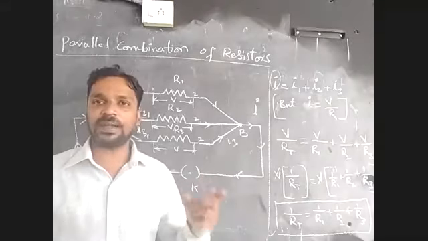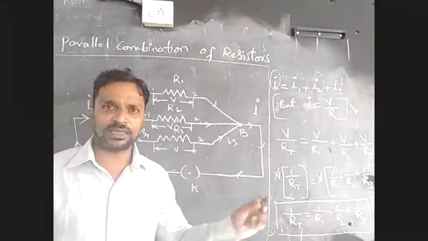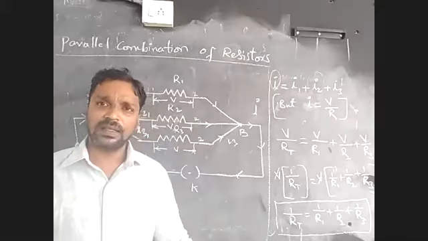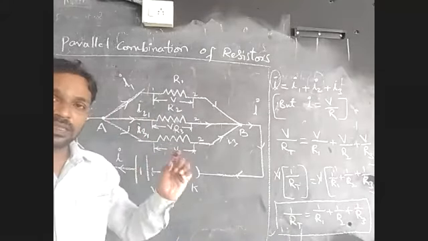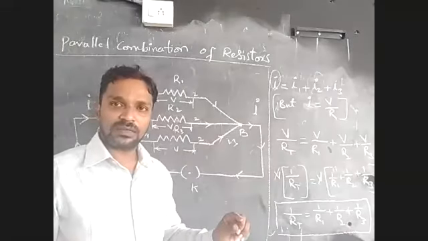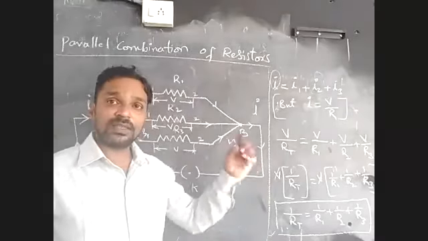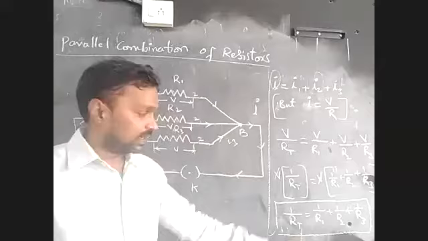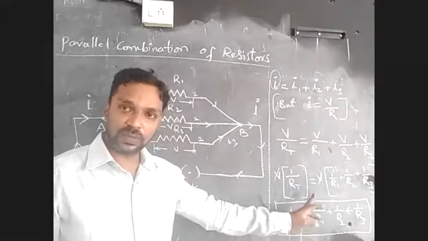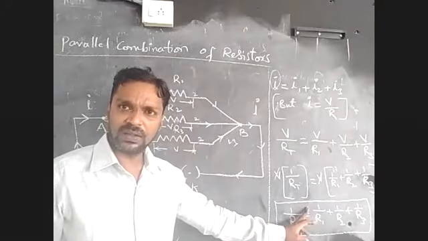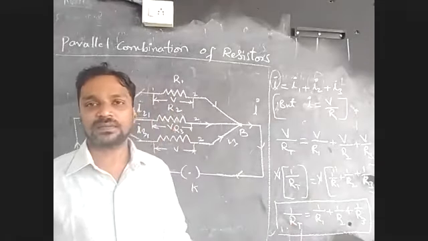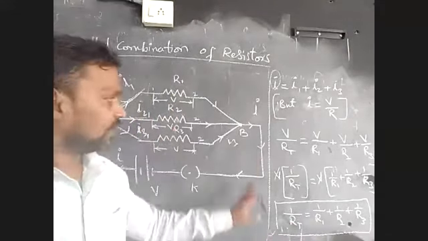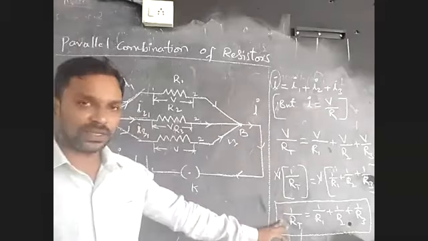So the statement is like this: in the parallel combination of resistors, the reciprocal of the resultant resistance is equal to the sum of the reciprocals of the individual resistances of the resistors. This is the final equation you are getting.